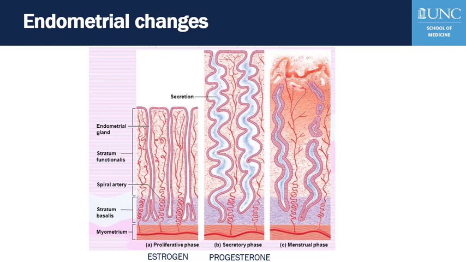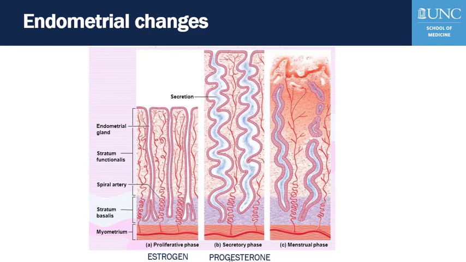So at the beginning of the menstrual cycle, the endometrium is relatively thin. But then during the proliferative phase, estrogen stimulates the growth of the endometrium so that it's much thicker by the time of ovulation. Then after ovulation, the ovary secretes progesterone, which further inhibits endometrial proliferation.